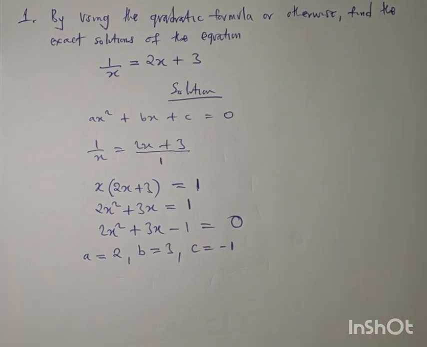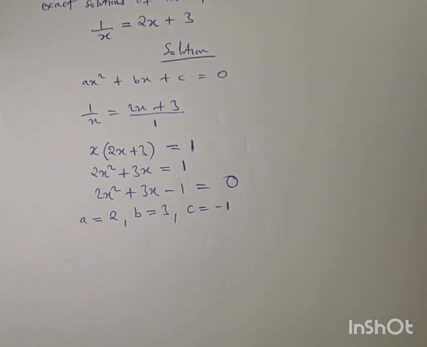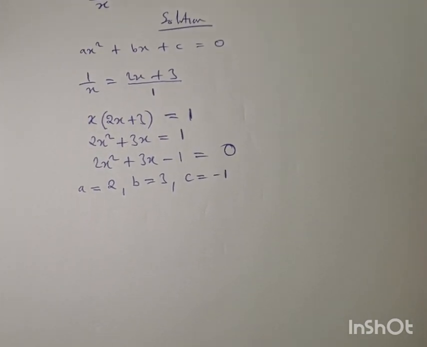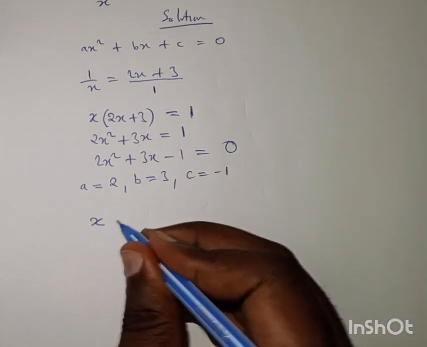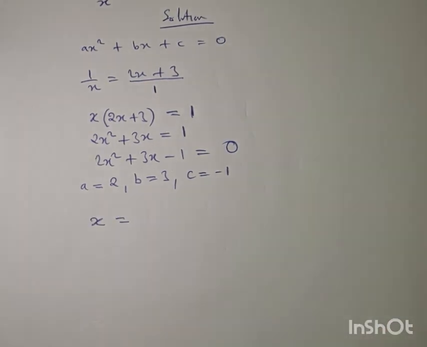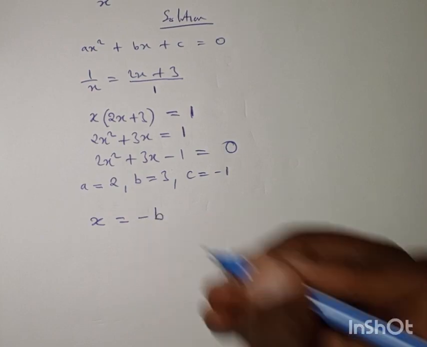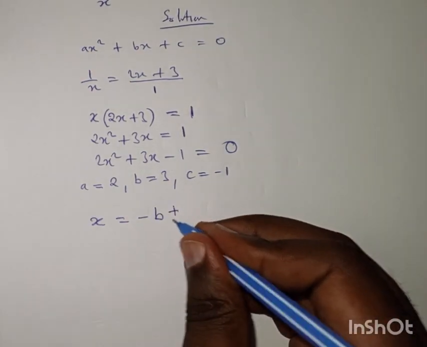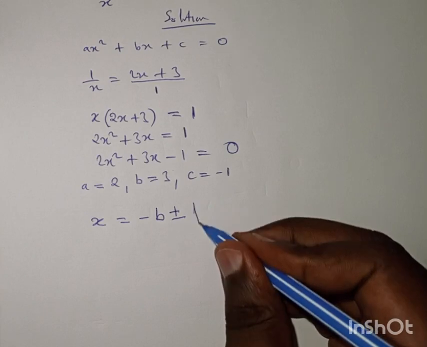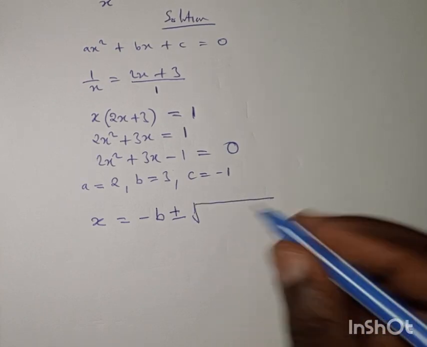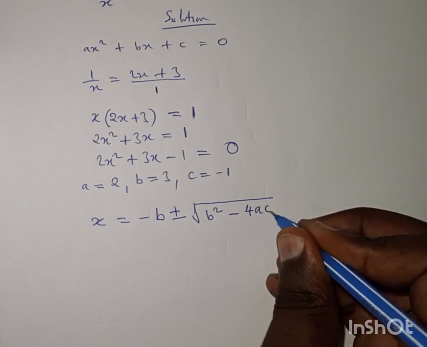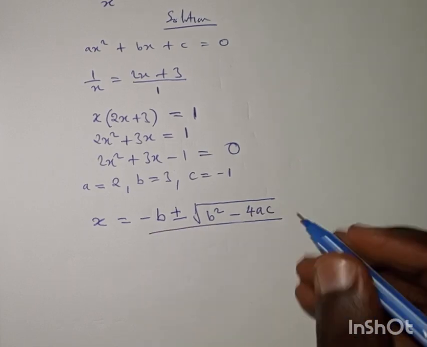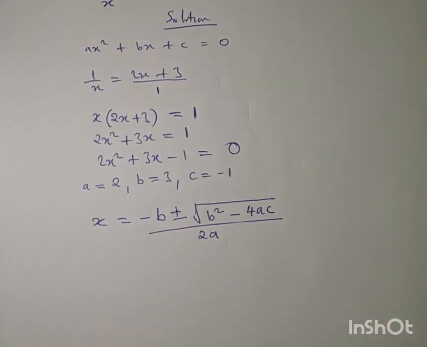So here is the formula. I believe you know it. x is equal to negative b plus or minus the square root of b squared minus 4ac, all over 2a.